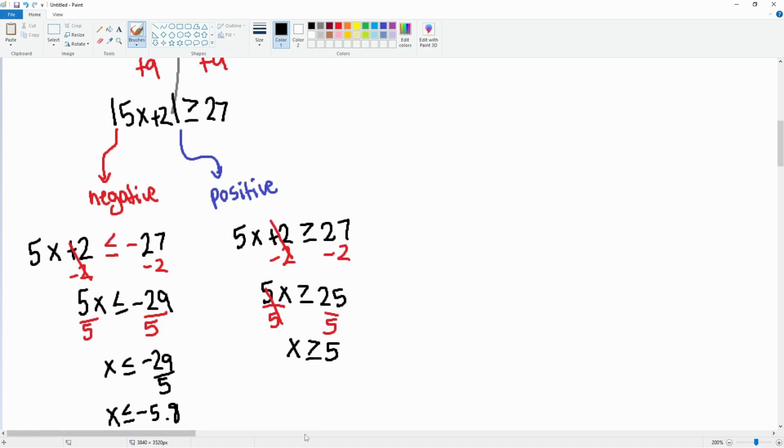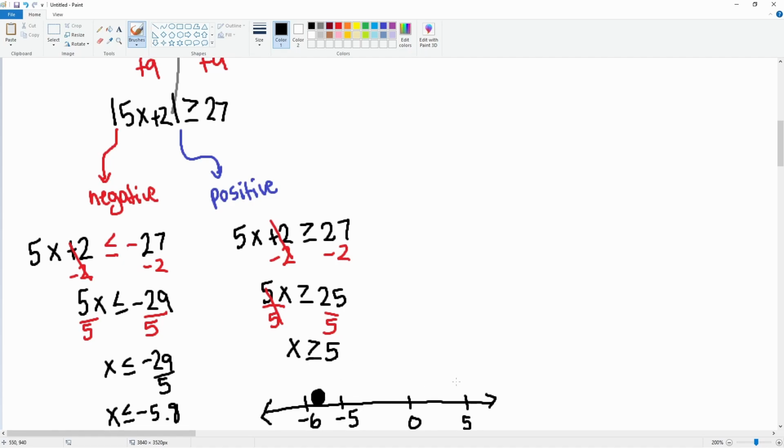So if you want to graph it, here's the number line: negative 6, negative 5, let's do 0, and here's 5. The reason why is because you would want it somewhere right here to represent negative 29 over 5.